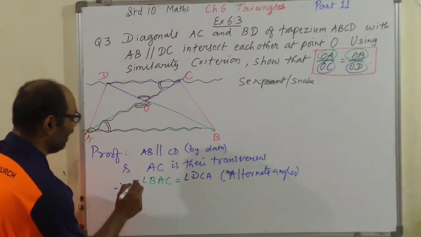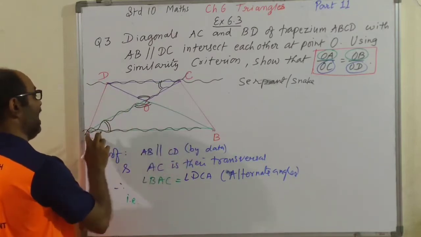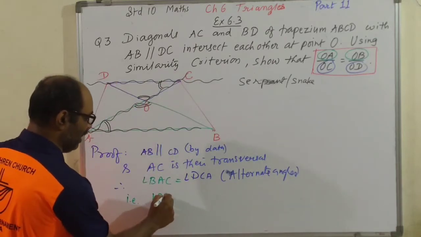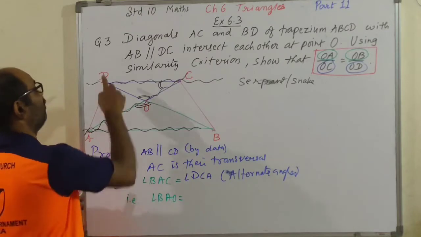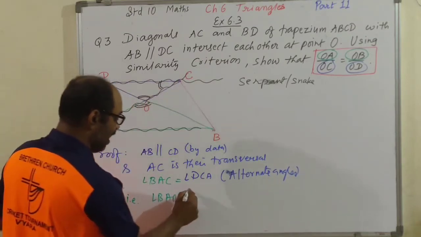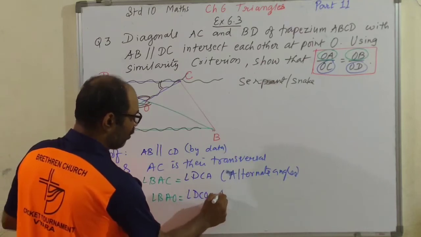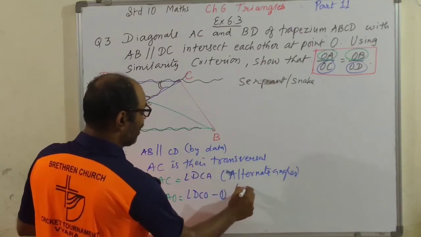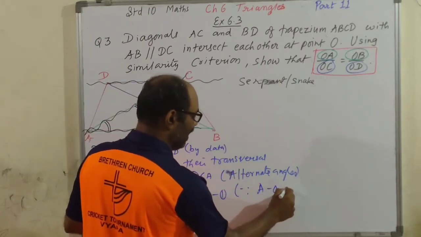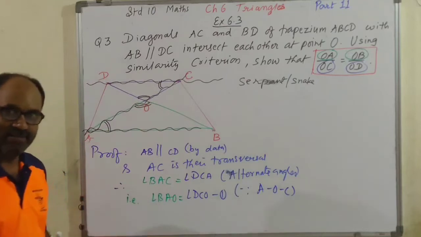Instead of BAC, I'm writing angle BAO, and instead of DCA, I'm writing angle DCO. I'm going to call it result 1 because of this betweenness, both the angles are one and the same.